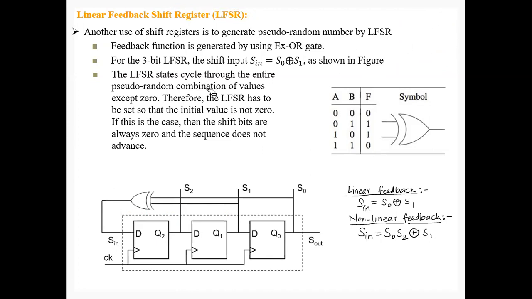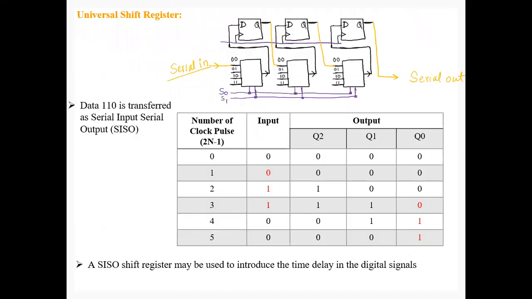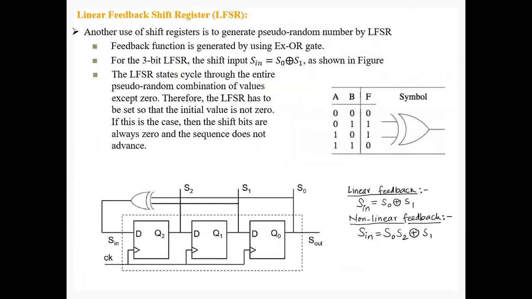Now, previously we used the shift register for, what did you use the shift register for last time, if you remember? Shifting data left or right, that kind of thing, right?